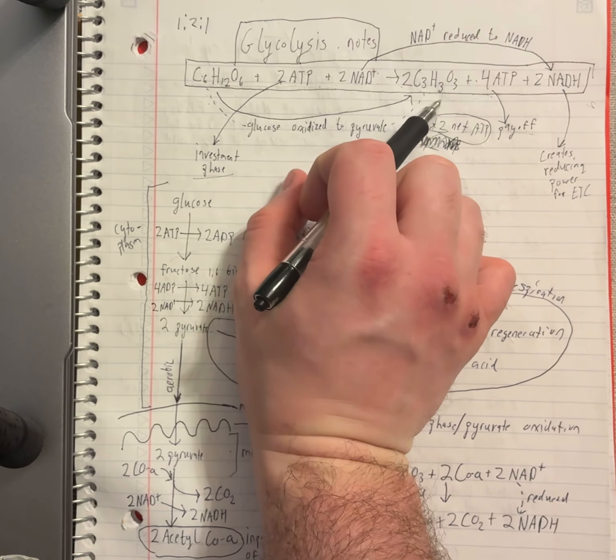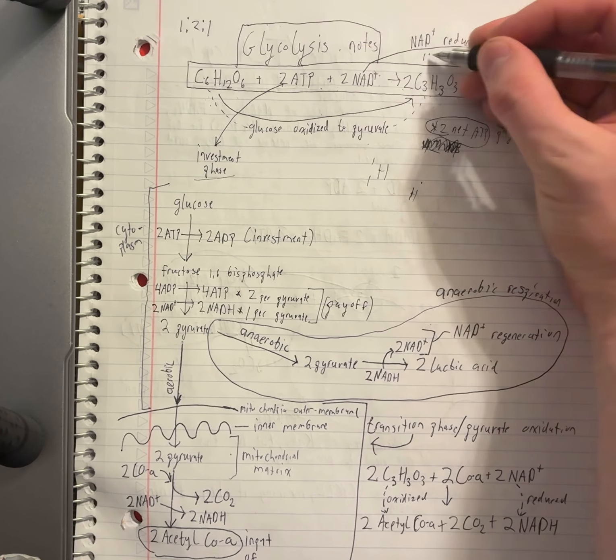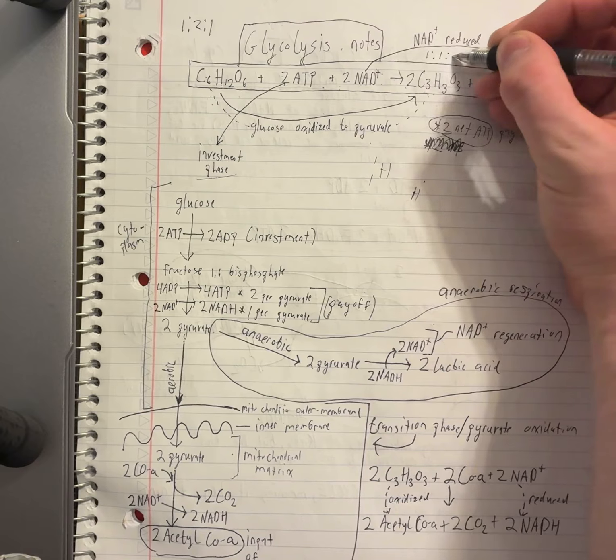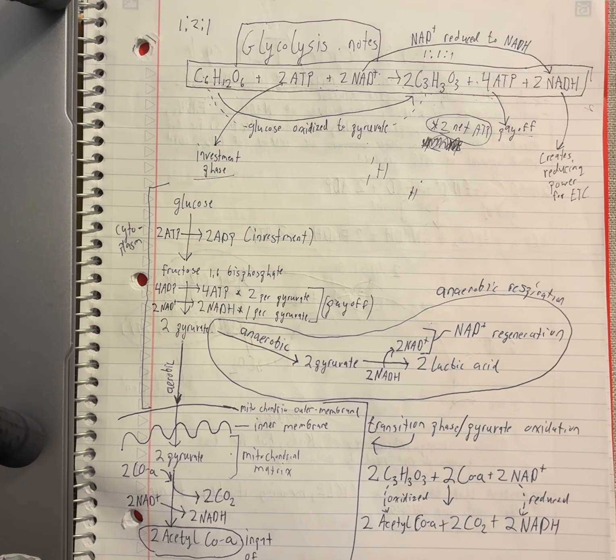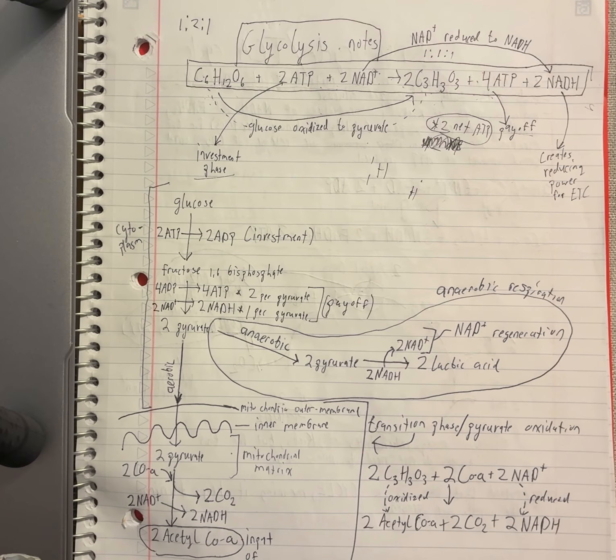And then over here in the pyruvate, it's 1 carbon to 1 hydrogen to 1 oxygen, right? So we have lost hydrogen. We've lost a little bit of everything because we split it in half, but we have lost hydrogen relative to the other elements, relative to the carbon and the oxygen.